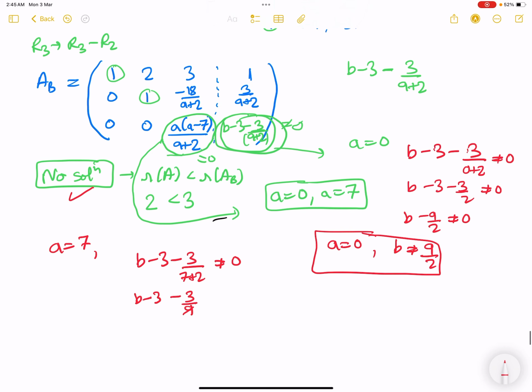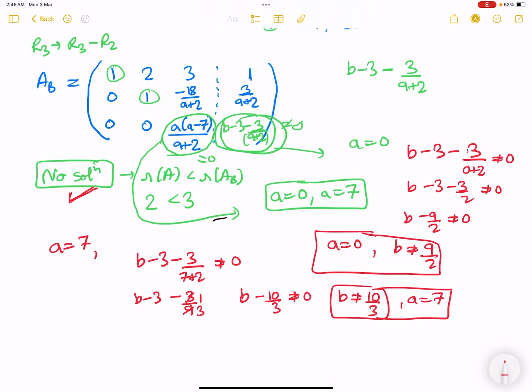So this would cancel out, 1 by 3. So 9. So b minus 10 by 3 should not be 0. So basically b should not be equal to 10 by 3. So the second case is if a is 7 and if b is not equal to 10 by 3, then we will have no solution.